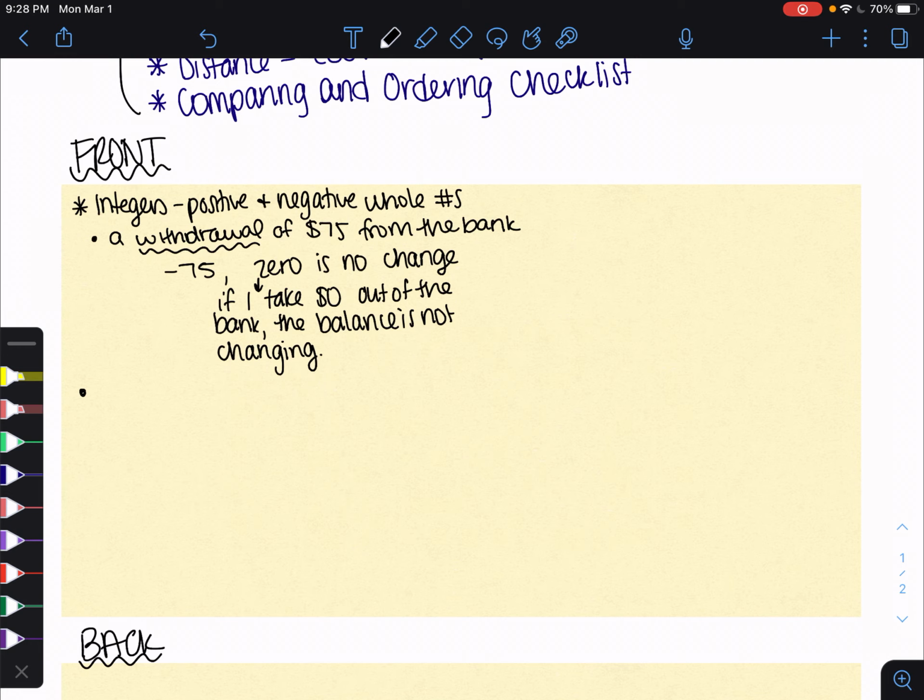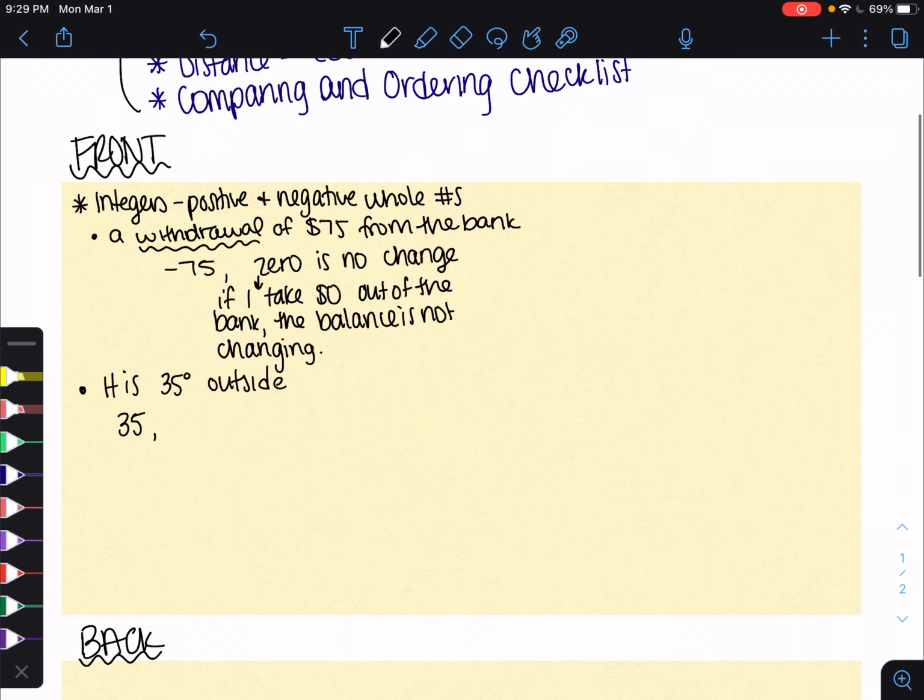If I say something like, it is 35 degrees outside, the positive integer that I'm going to use to represent that is 35, and 0 means 0 degrees.